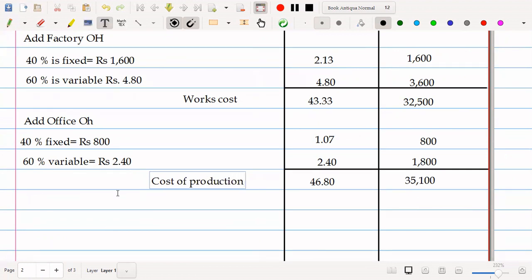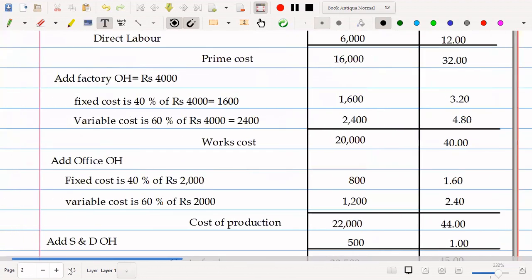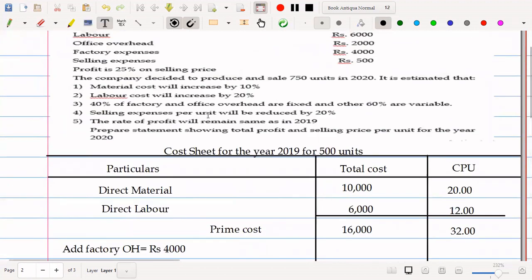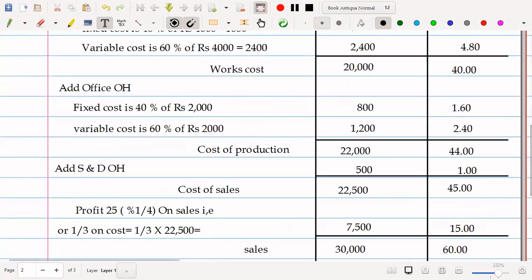And now add selling and distribution overhead. Let's see what's given in the problem regarding selling and distribution overhead. There is some adjustment given here. Selling expenses per unit will reduce by 20% per unit. So per unit is ₹1.